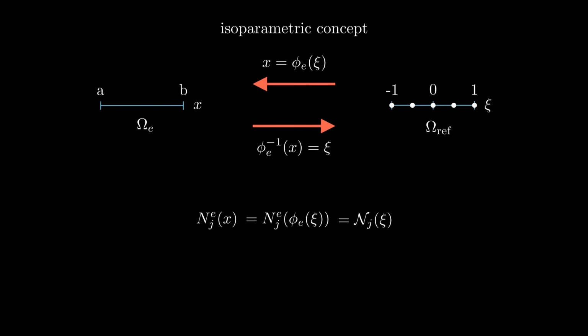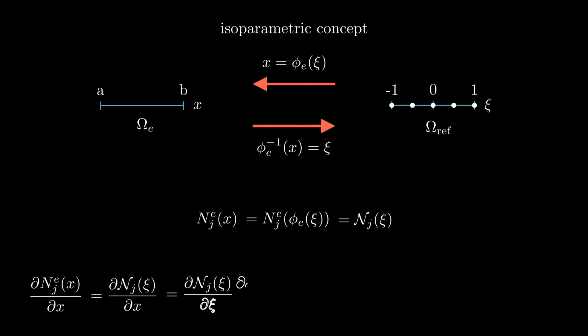As we will need them later, we also take a closer look at the values of the shape function derivatives. The derivative of N e j of x with respect to x can be written as the derivative of N j of xi with respect to x. We can then apply the chain rule to arrive at the derivative of N j of xi with respect to xi times the derivative of xi with respect to x.